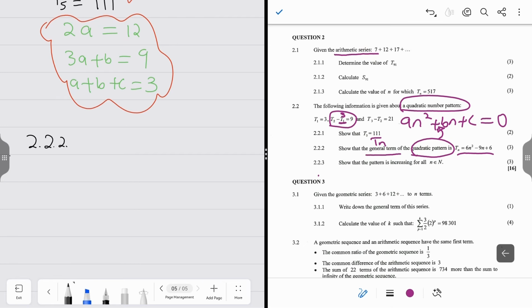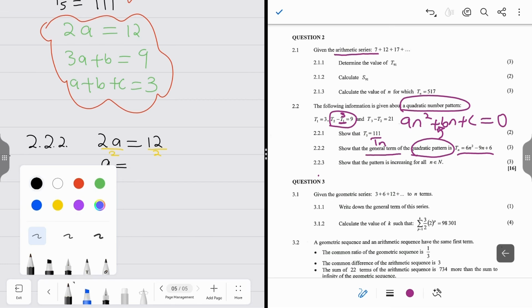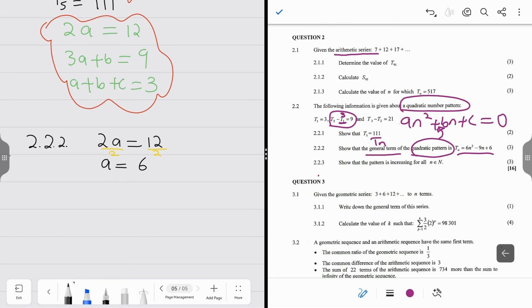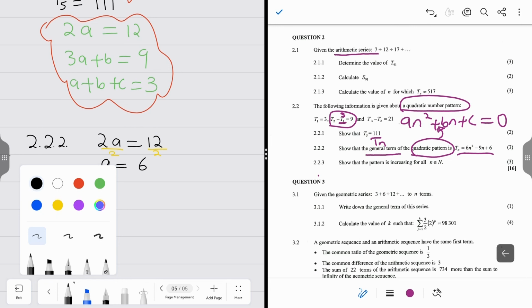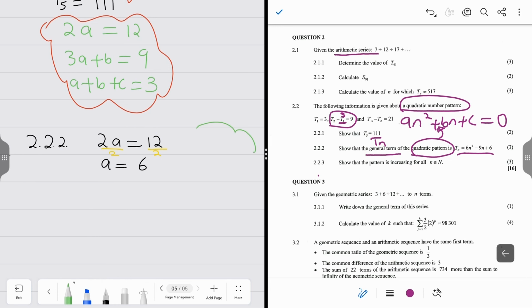So you can just come and say, okay, I said that 2a is equal to 12. That simply means that a will be equal to 6, because if I divide both sides by 2, I'm going to have a as 6. Right. So if I look at this, I always do this, because you need to do something like this for motivation.